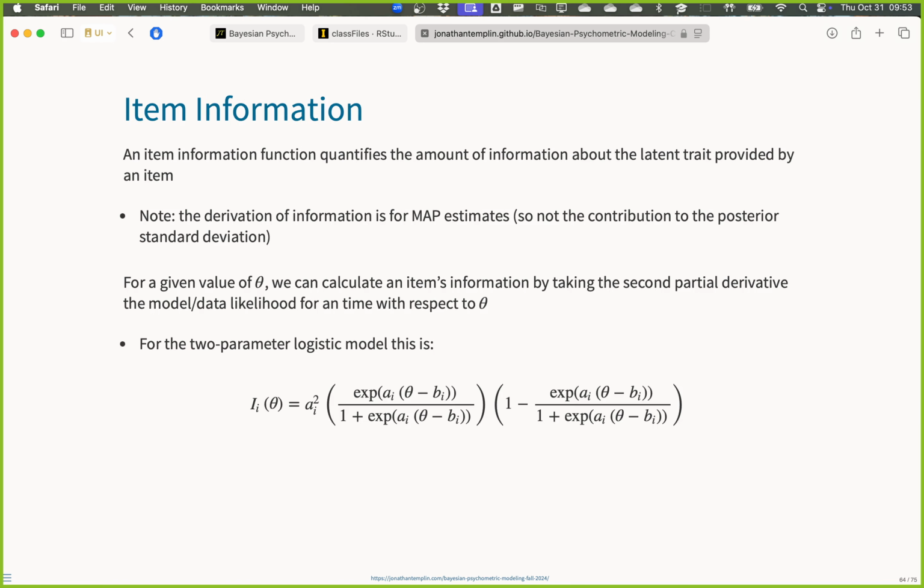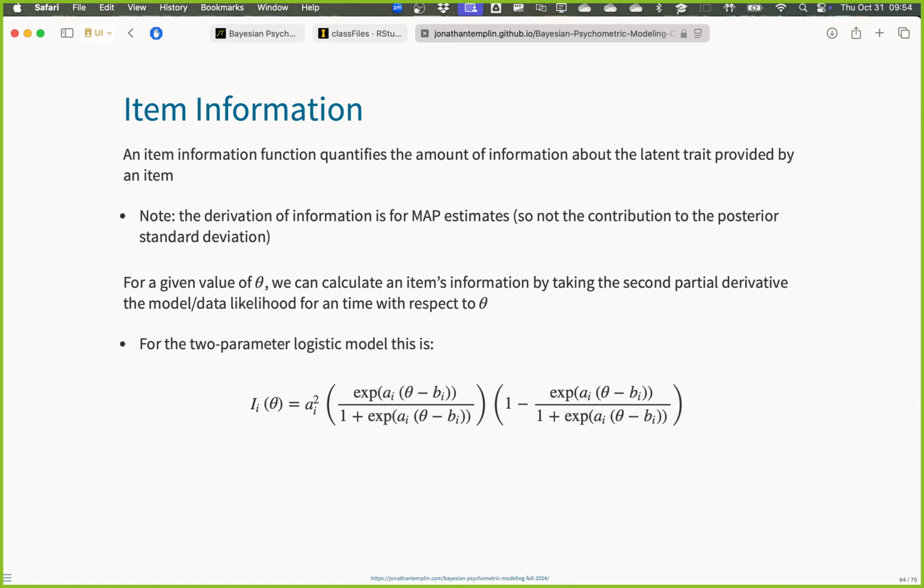All right. How about item information? This is the not IRT class version of describing this. In IRT class, we spent a long time on this concept because item information is important in building different assessments using computerized adaptive assessments and understanding which items are most informative about the latent trait theta.